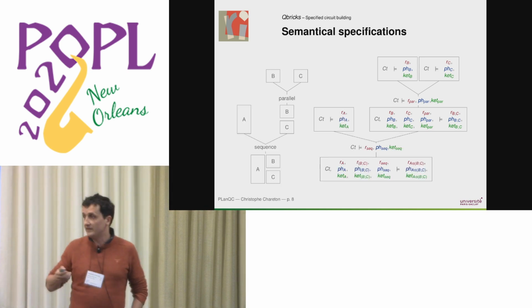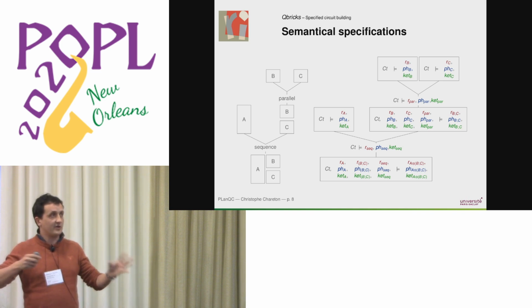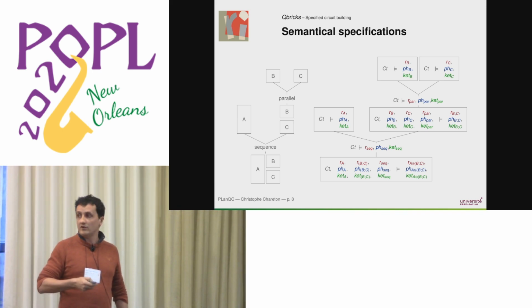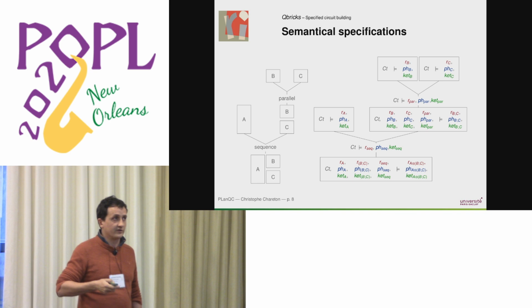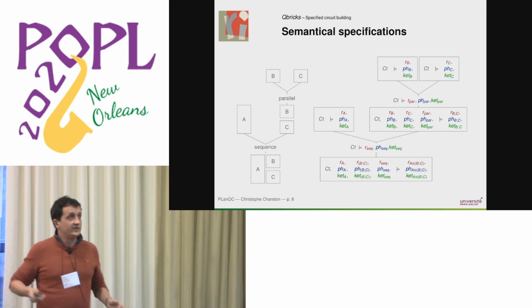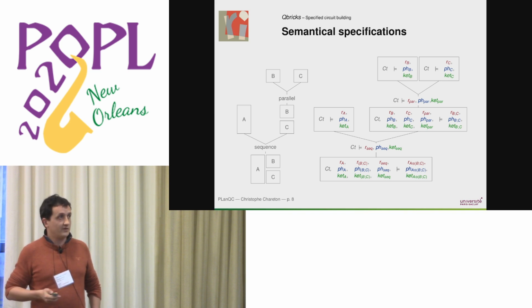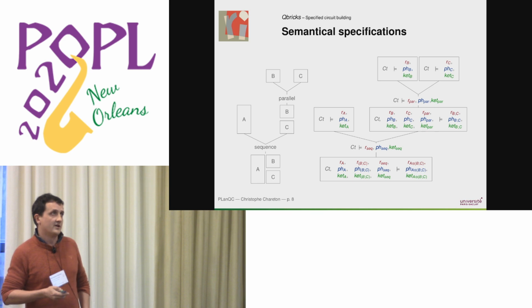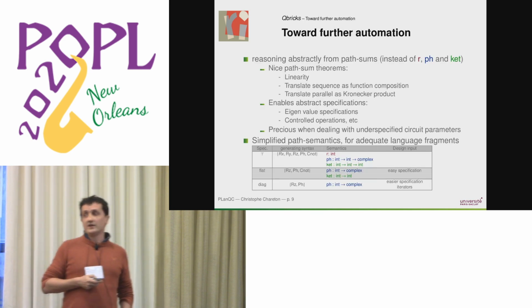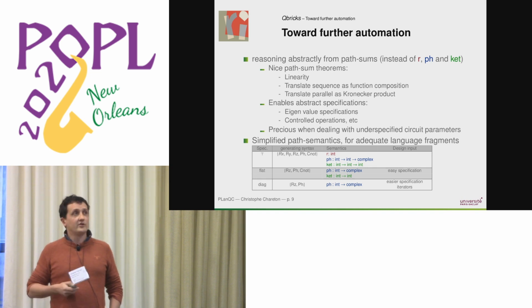So basically, there is a kind of mapping isomorphism between the algebraic structure of the circuits that I'm building and the branching structure of the proofs for their specifications. So this is the main feature that I'm using and taking profit on for the specification and the verification in Qbricks.